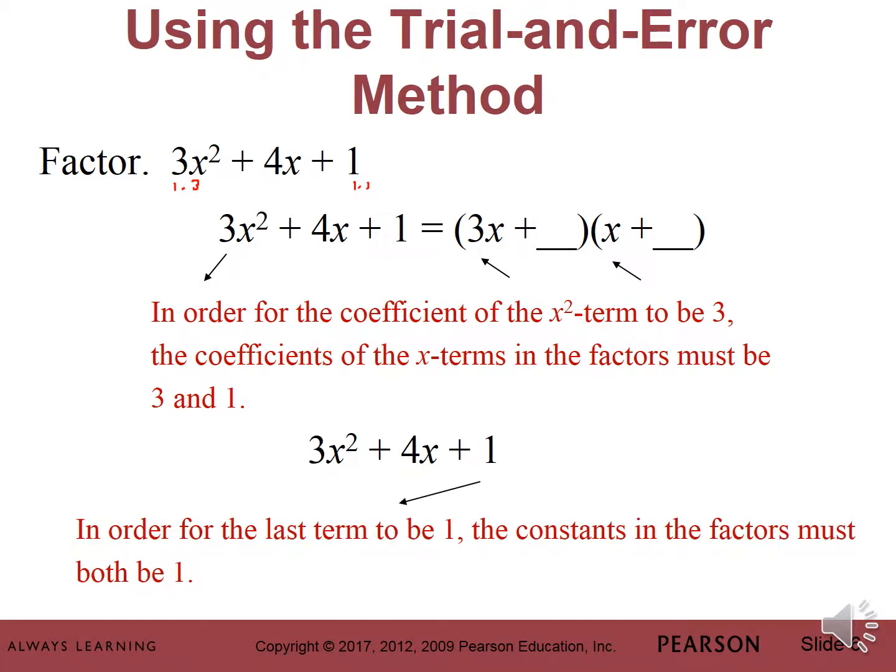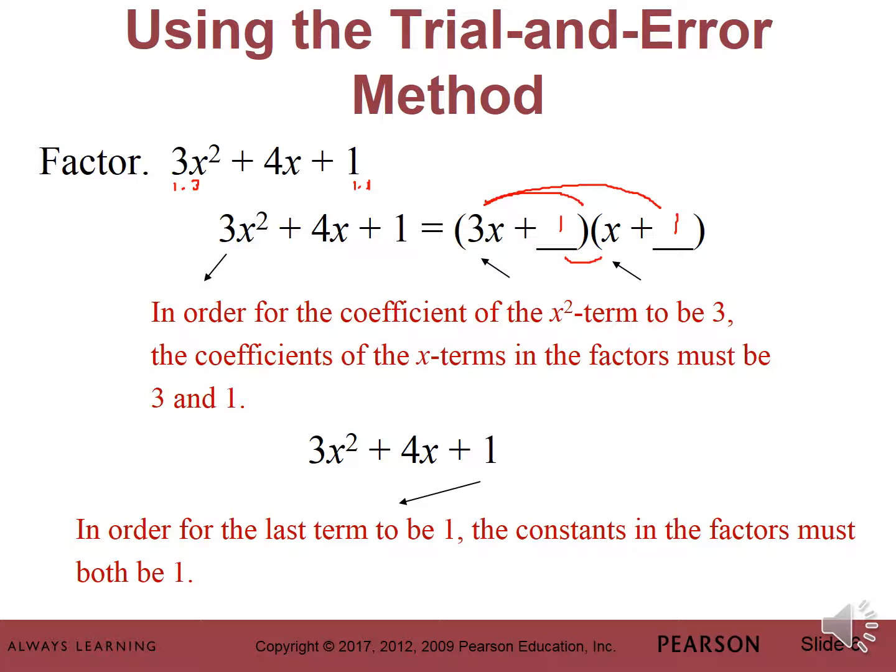In order for the coefficient of the x squared term to be 3, the coefficients of the x terms in the factors must be 3 and 1. Got to be a 3x and an x. And so to make the 1, well, it's got to be a 1 and a 1. That's the only way to make a 1.